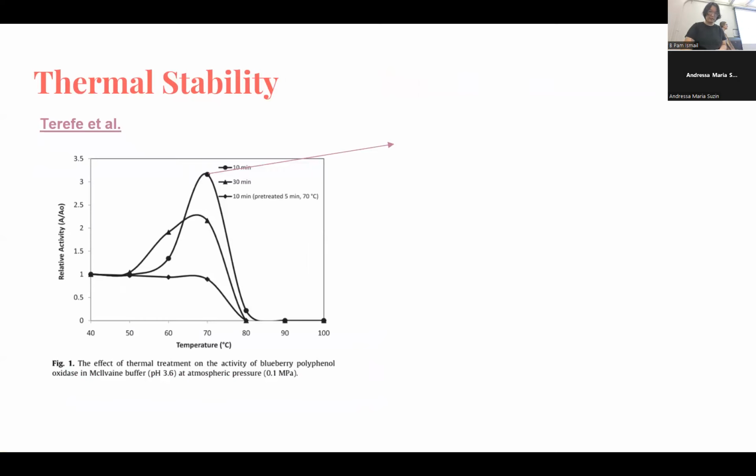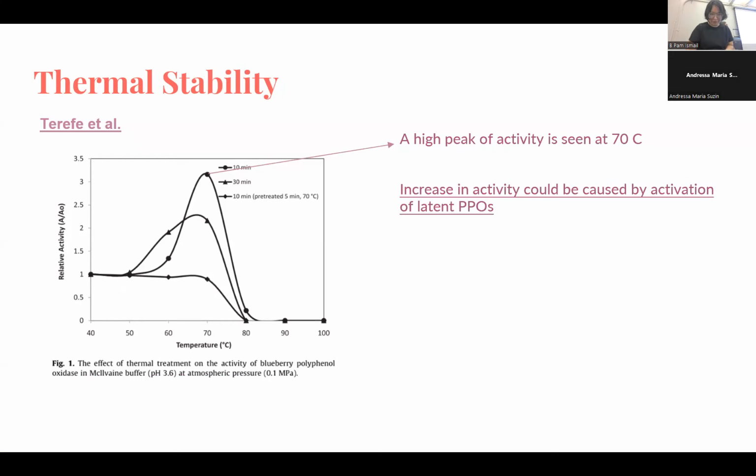So for thermal stability, the highest peak of activity was seen at 70 degrees during the 10-minute treatment. The increase in activity could be caused by some activation of latent polyphenol oxidases, where minor changes in conformation allow more active sites to be exposed, allowing for an increase in relative activity.